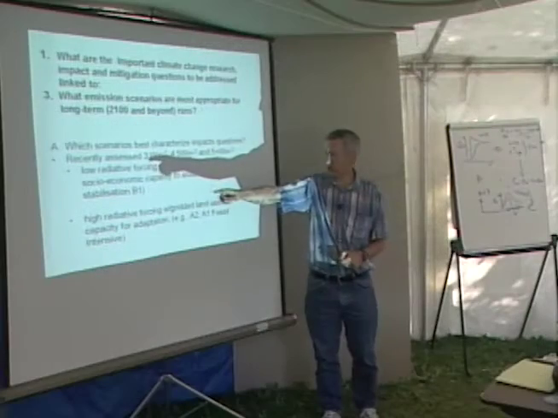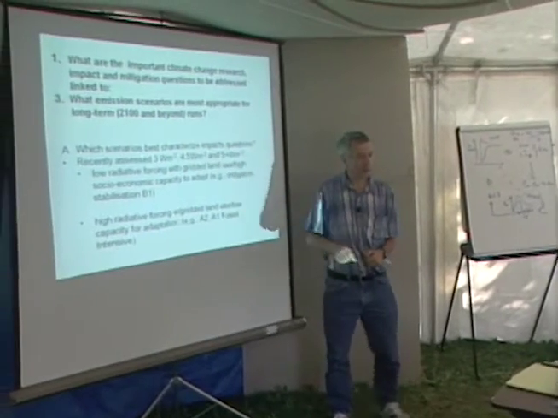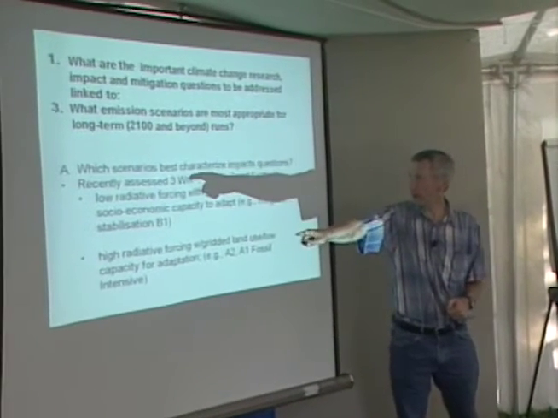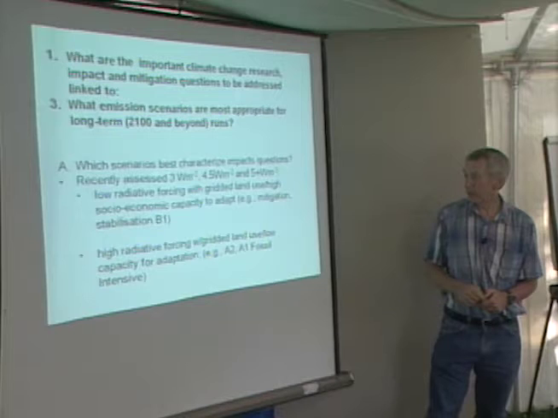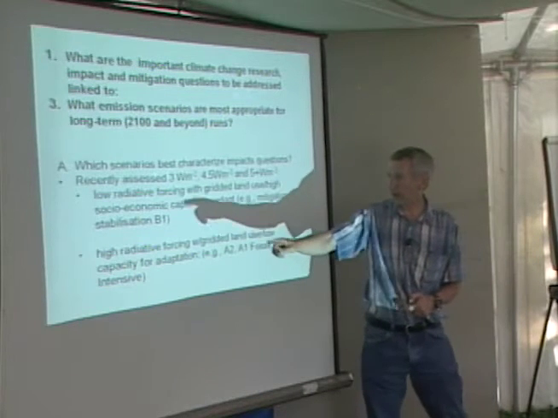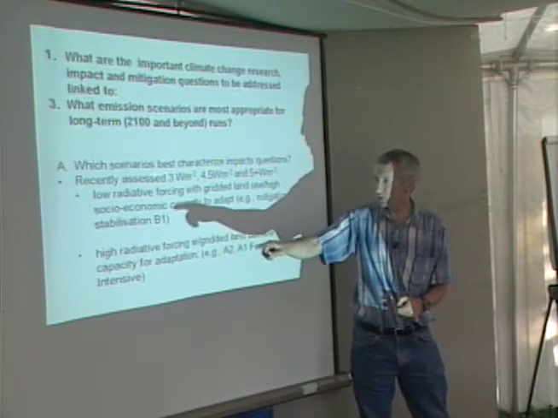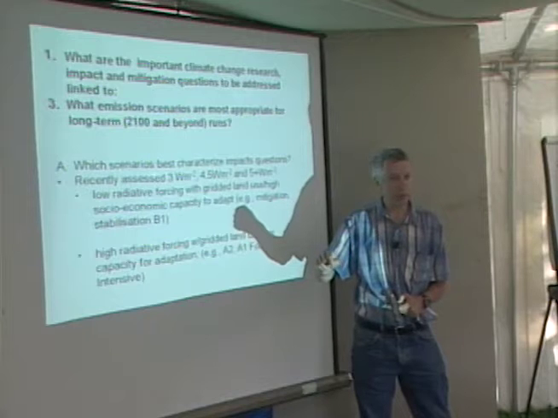Recently there were these scenarios that Mackie talked about, a low stabilization, a medium, and a high stabilization scenario. So we thought we would define two scenarios to drive the models.